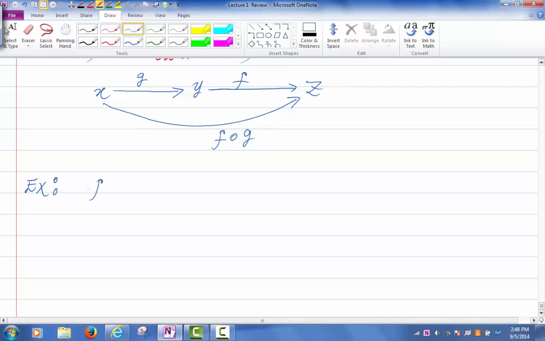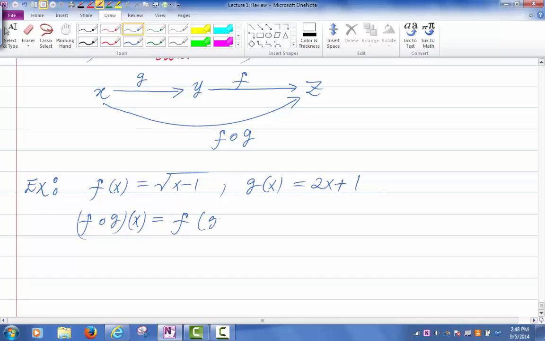Let's say again I have the function f of x equals root of x minus 1, and g of x is the function 2x plus 1. What is f circle g of x? Well, this is f of g of x. So we first replace g of x by its value, which is 2x plus 1.